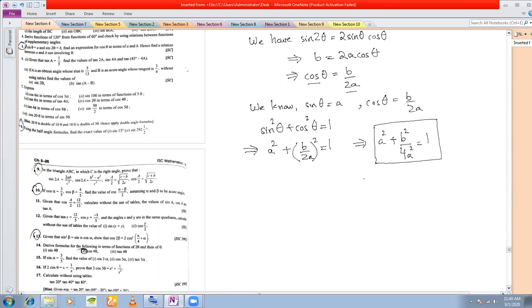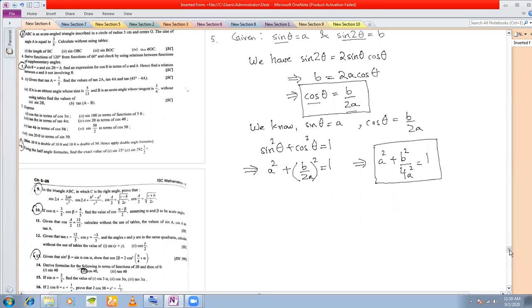No, it does not contain theta. Therefore, this is our required expression. So my answers are cos theta is equal to B by 2A and A square plus B square by 4A square is equal to 1. This was number 5. Next is number 6.